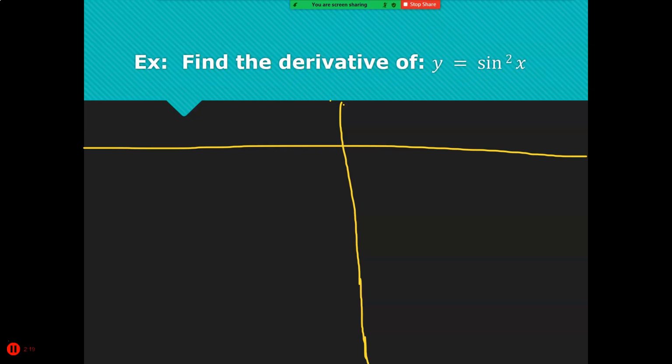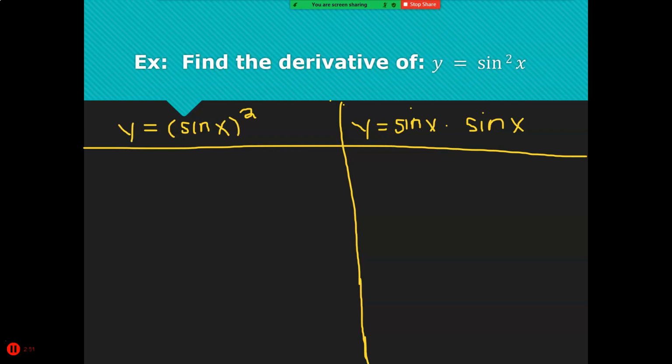So we can rewrite sine squared x as sine x squared, right? Because technically what you're saying is that you have sine x times sine x, because it's sine squared, which means you have the sine of x twice.